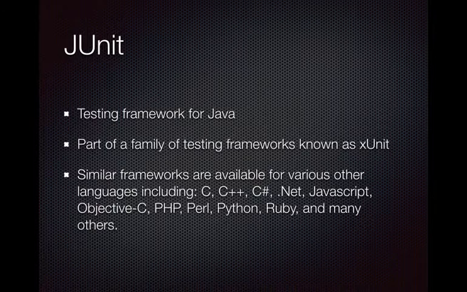I don't know why they list those separately, but they do. JavaScript framework, Objective-C if you're doing Mac applications. If you're doing web, Ruby and PHP, there's also Perl and Python support. There are a ton of other languages out there that have a version of what in Java is known as JUnit.